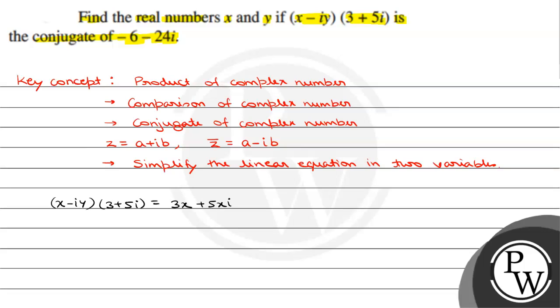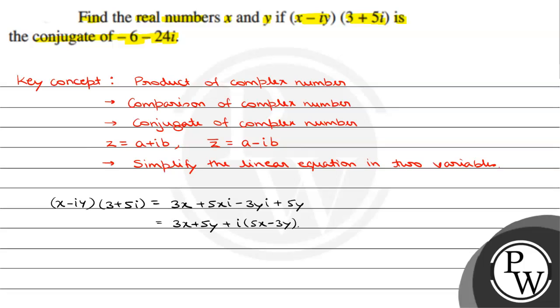Similarly, minus iy into 3 is going to give us minus 3yi, and minus iy into plus 5i is going to give us minus 5i square y. i square is minus 1, so it will become plus 5y. Simplifying it, we will get 3x plus 5y plus, if I take i common, i(5x minus 3y).